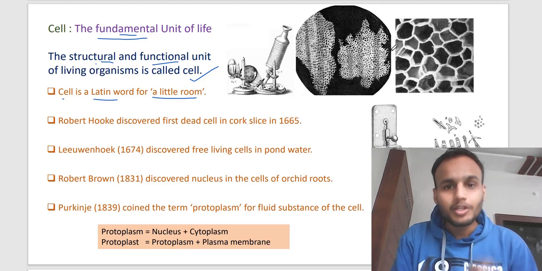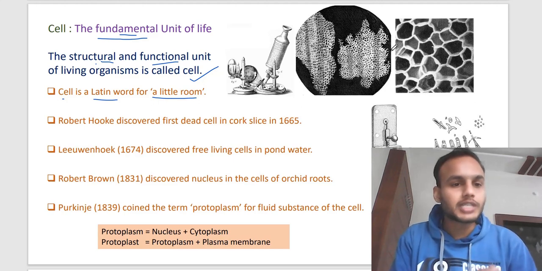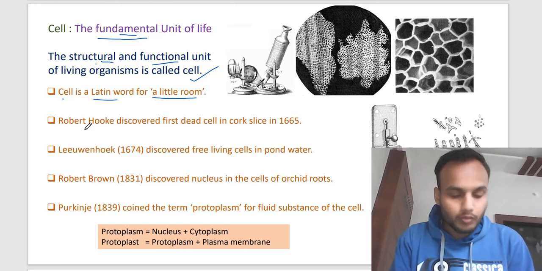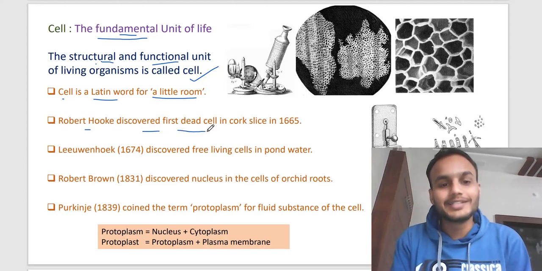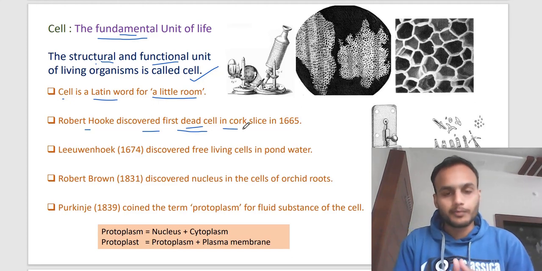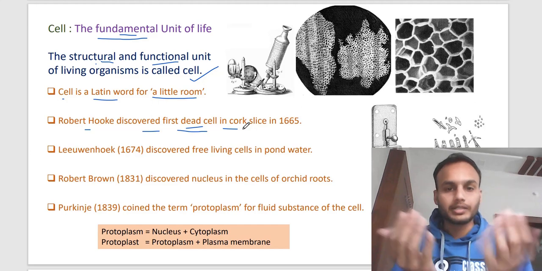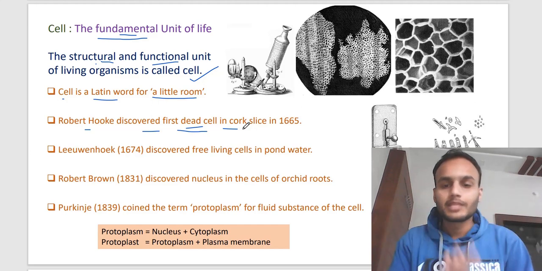Okay. So who first saw or observed the cell? Robert Hooke was the one who first discovered, or you can say observed, dead cells. He saw cells in a cork slice. What is cork? You have seen a tree and its bark, the outer brownish part, that is cork.